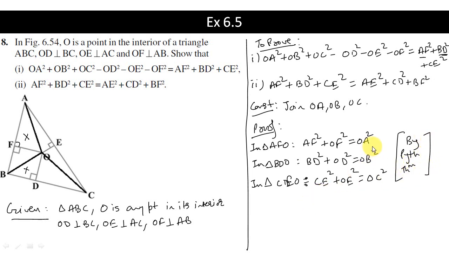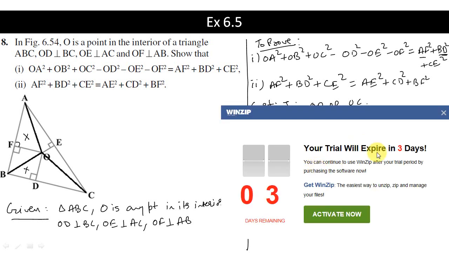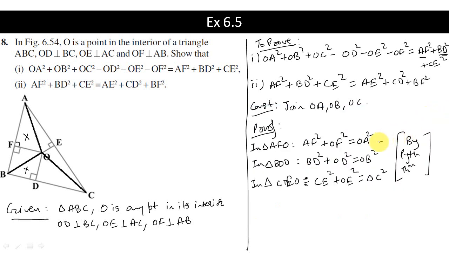So what we'll do is we'll add all these equations. First equation, second equation, third equation. We'll add these three equations. So adding equation number 1, 2 and 3, we'll get AF square plus BD square plus CE square.